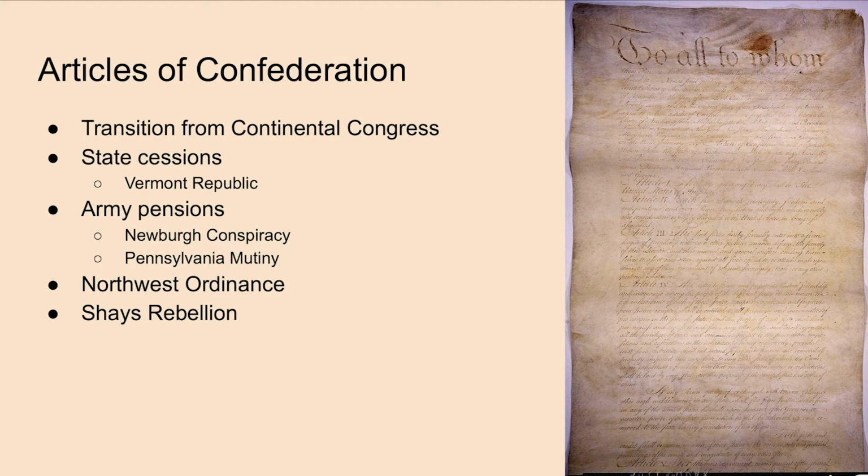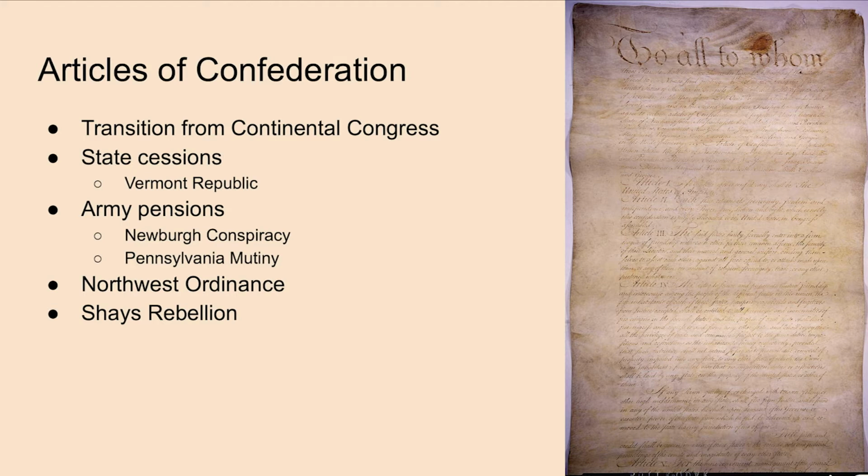But Daniel Shays organizes a rebellion, specifically to march on the capital of Massachusetts, Boston at this point, and try to basically take what they deserve, right? They want their pensions.